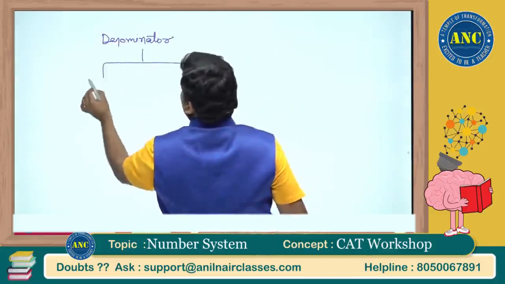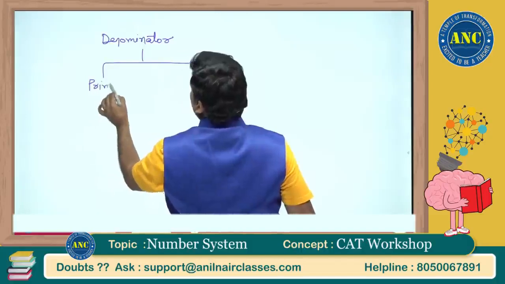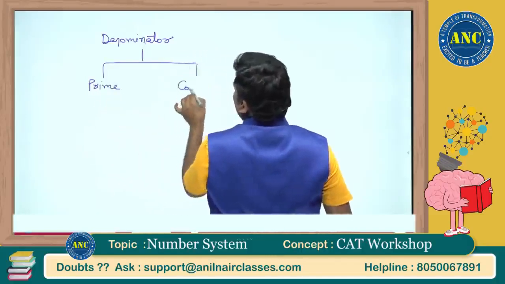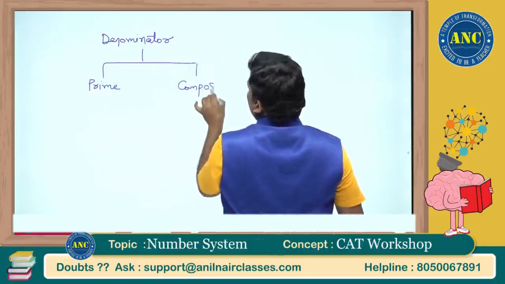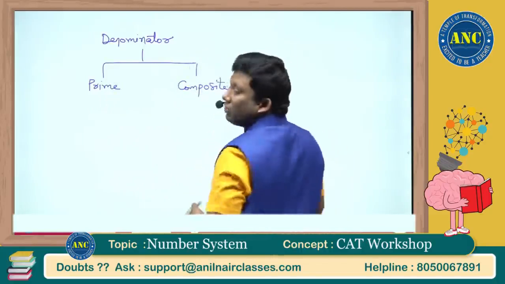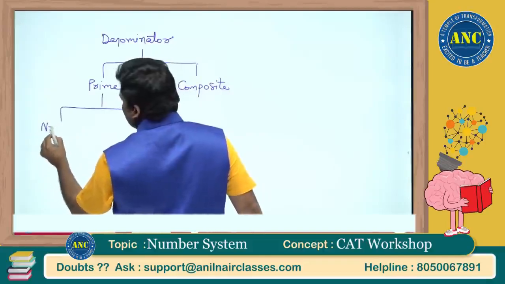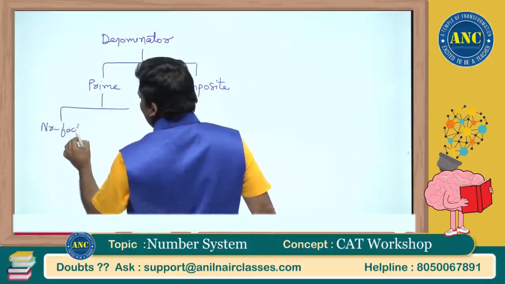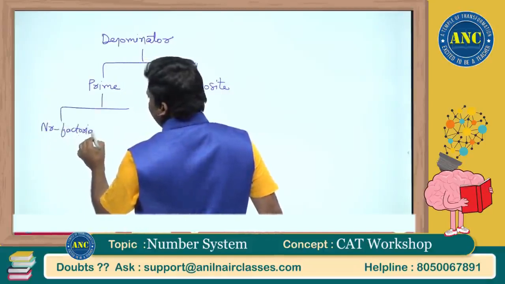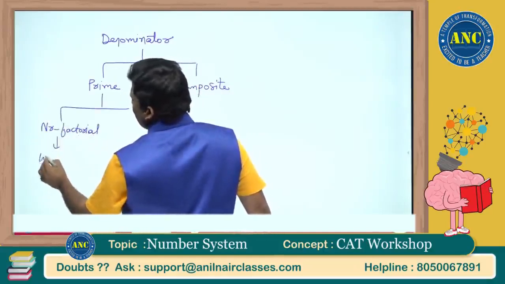Denominator can be a prime number or it can be a composite number. If it is a prime number and the numerator is in factorial format, use Wilson's theorem.